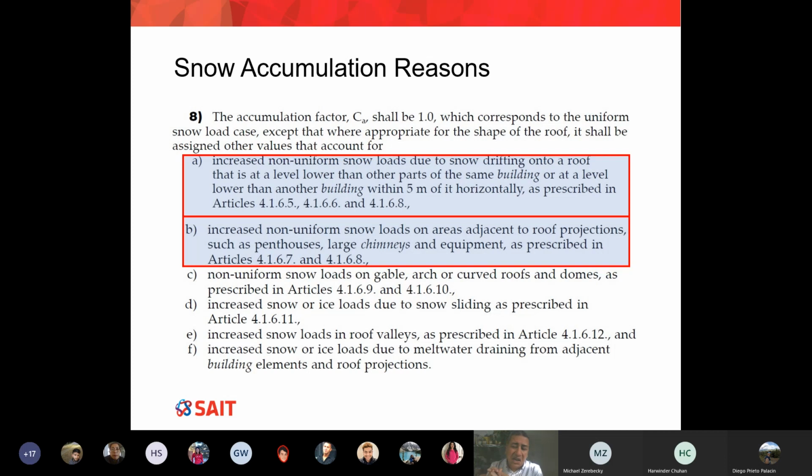If you guys remember, anywhere at SAIT, if you look at the roof, you will see every roof has mechanical units, such as air makeup units and stuff like that. So those will be covered in my class. Let's move on and see what's next.